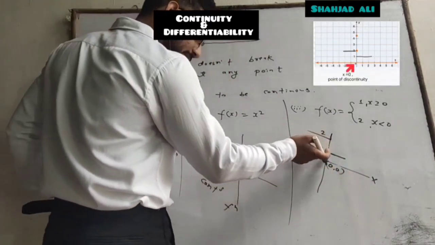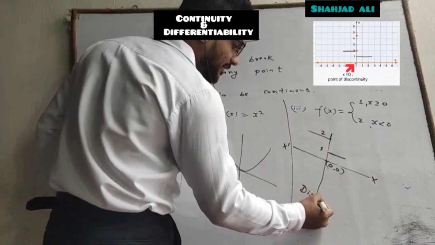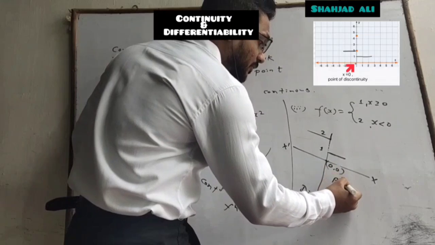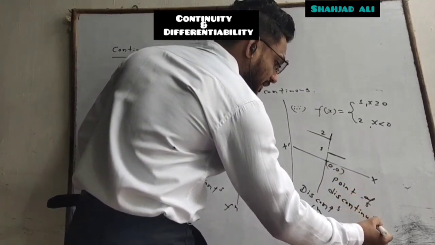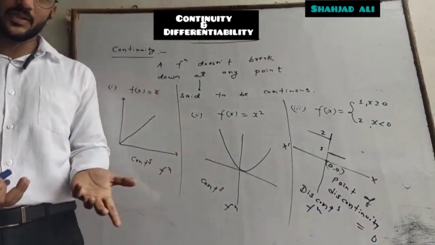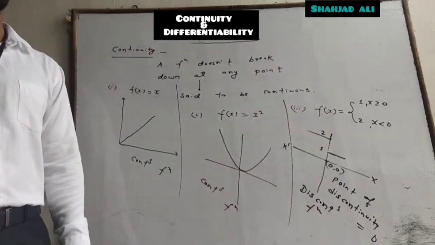So if we are lifting the marker while drawing the graph, this will become a discontinuous function, and the point of discontinuity is 0. The point at which a function becomes discontinuous is the point of discontinuity, like in this case it is x equal to 0.